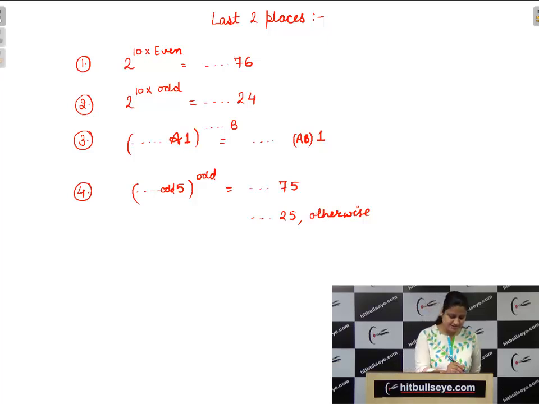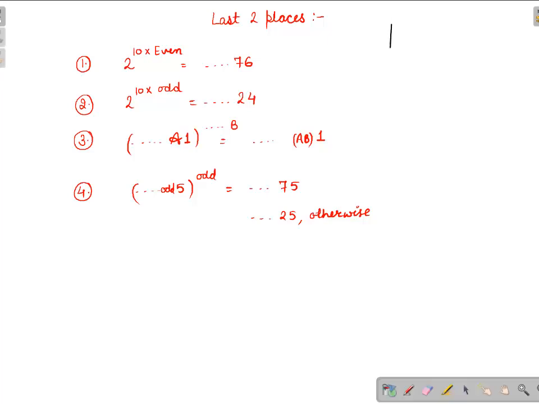Let us take smaller examples to understand that. The very first thing, suppose my question is 2 raised to power 240 and we want to find the last two places. Of course, 2 raised to power 240 can be written as 2 raised to power 10 into 24, I mean 10 into an even number, because 24 is an even number.